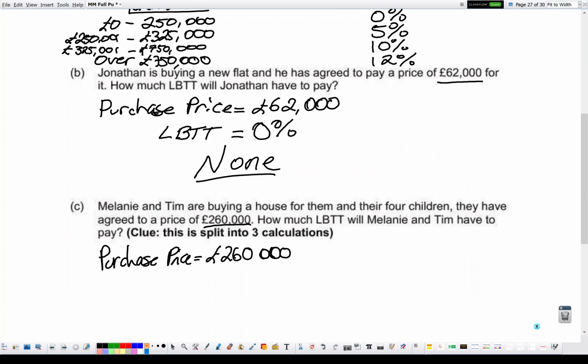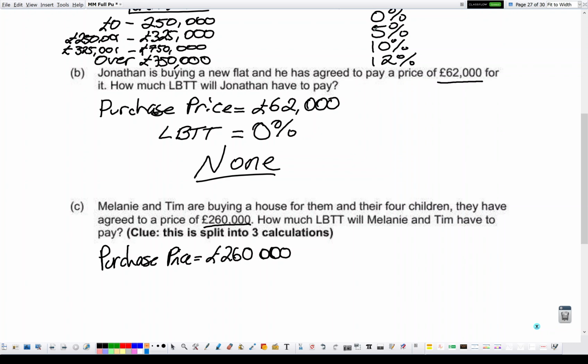Now I'm going to go through this for you because this can get a little bit confusing. So if we look at £260,000, we can see that it is obviously just higher than this £250,000 threshold, which is 0%. Now that means that we're going up into this next price band, which is charged 5%.